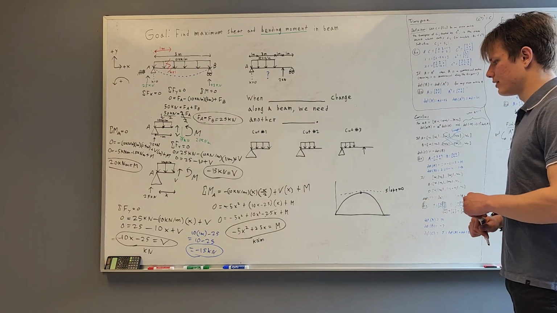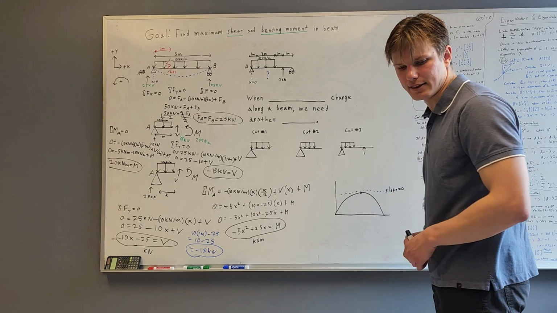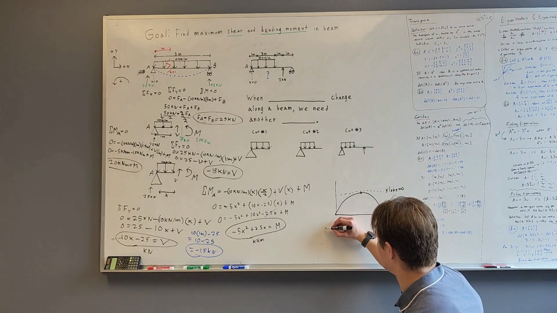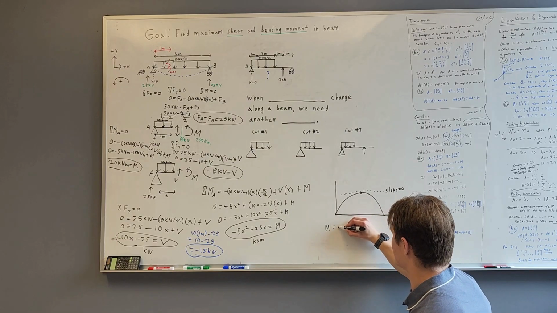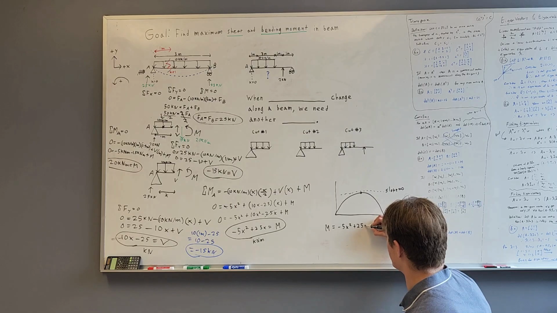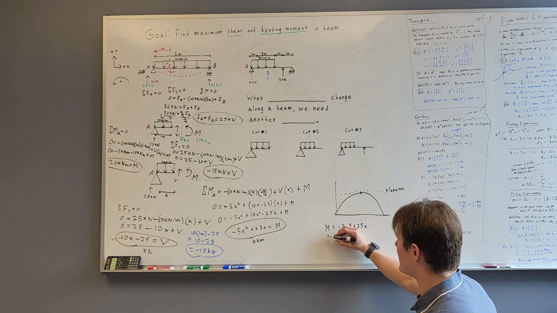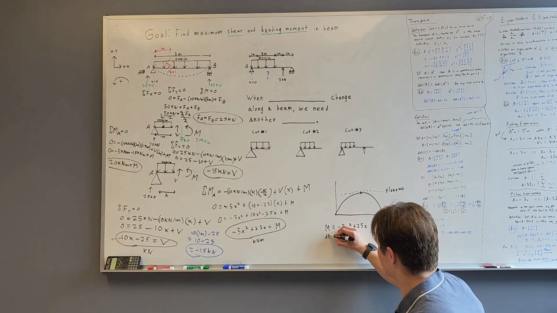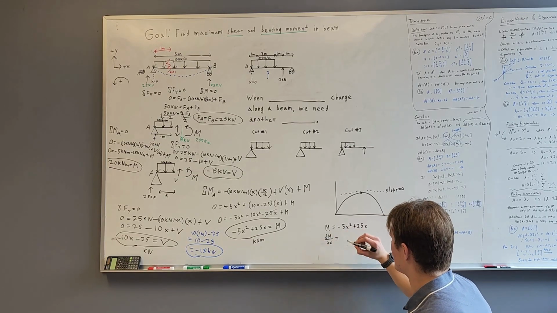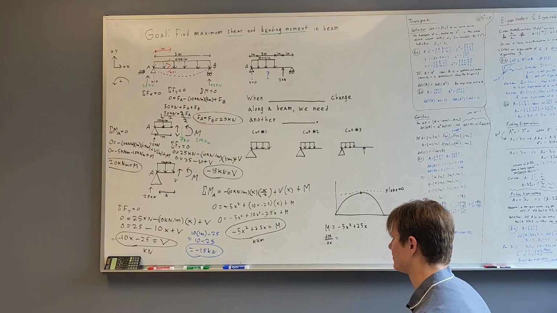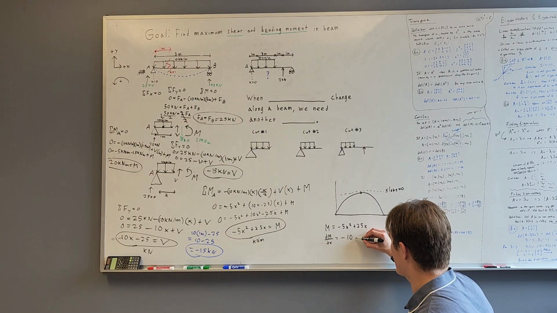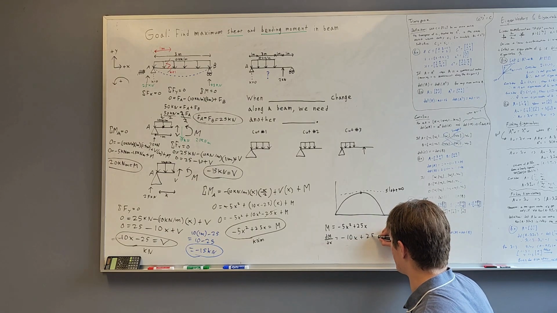So what we can do here is take the derivative of the moment. So let's go, M equals negative 5x squared plus 25x. And then the derivative of moment over dx is equal to, now using the basic rules we use to take derivatives, negative 10x plus 25.